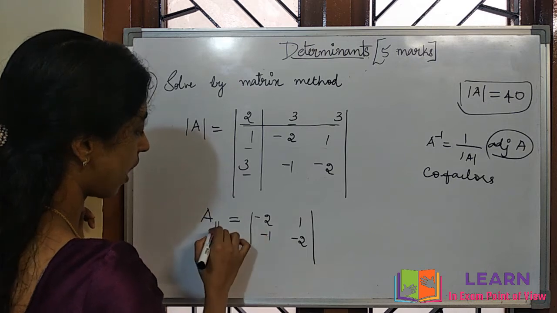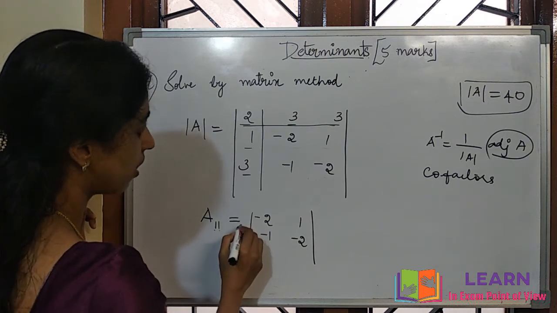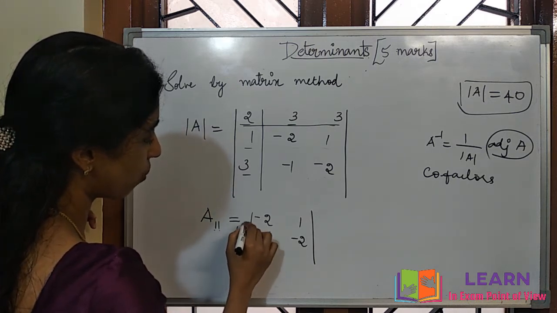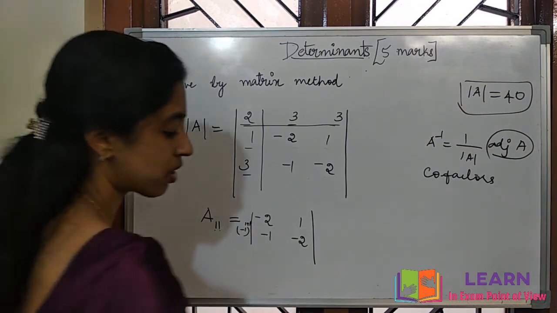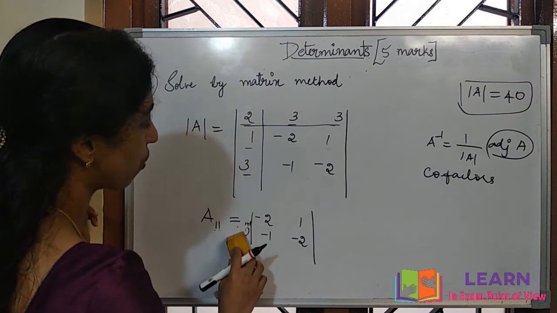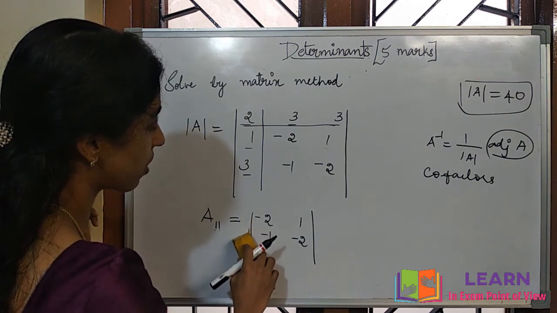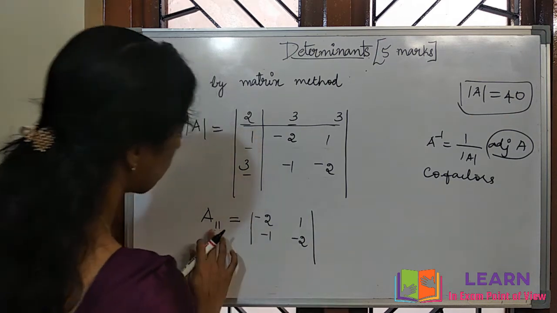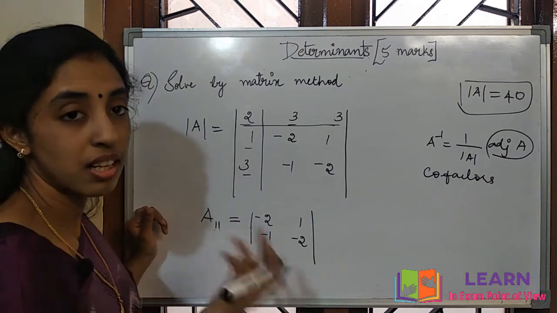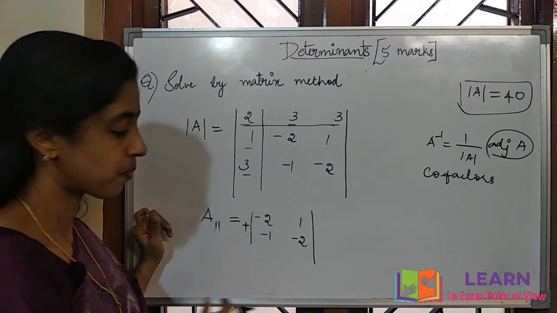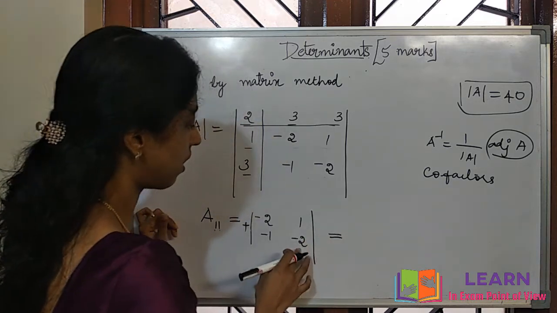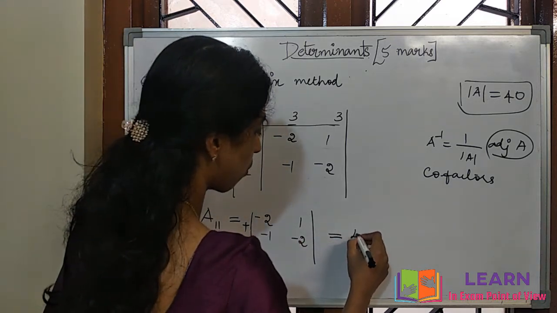Here for A11 there will be minus 1 to the power 1 plus 1. That is just to memorize: for even numbers it will be plus, and for odd numbers it will be a negative sign. Here 1 plus 1 is 2, an even number, so it will be plus this determinant. On calculating, 2 into 2, it's 4.